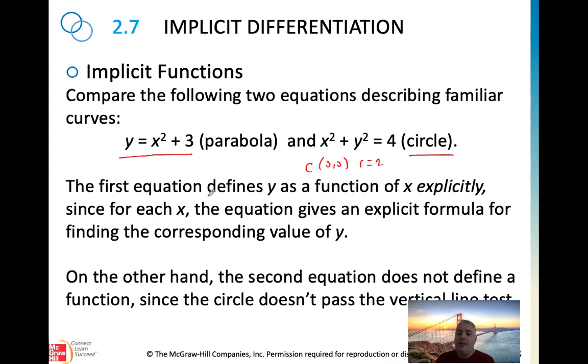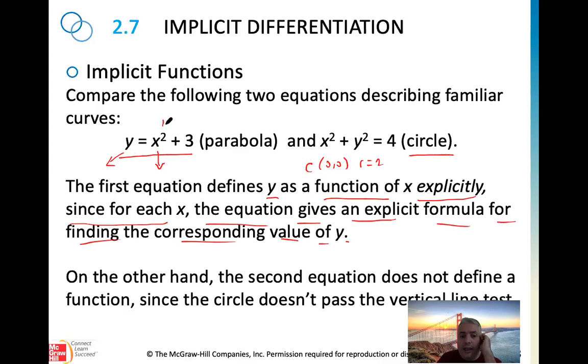Now, the first equation defines y as a function of x explicitly, since for each x, the equation gives an explicit formula for defining the corresponding value of y. So, when x is changing, y is changing. So, y is depending on x.